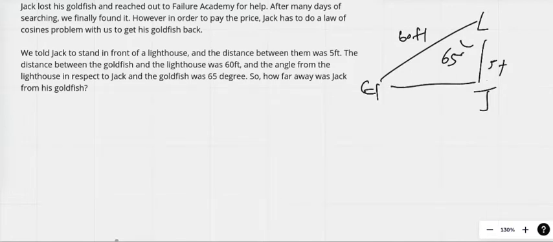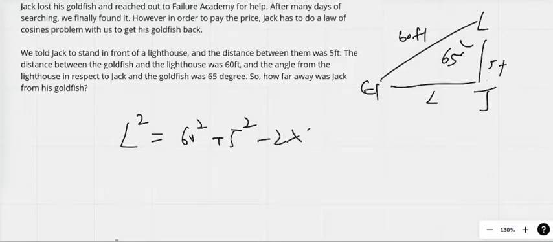So let's set this side as L. With two sides and an angle, we can plug in L as the thing we want to find. So L squared is equal to 60 squared plus 5 squared minus 2 times 60 times 5 cosine 65.